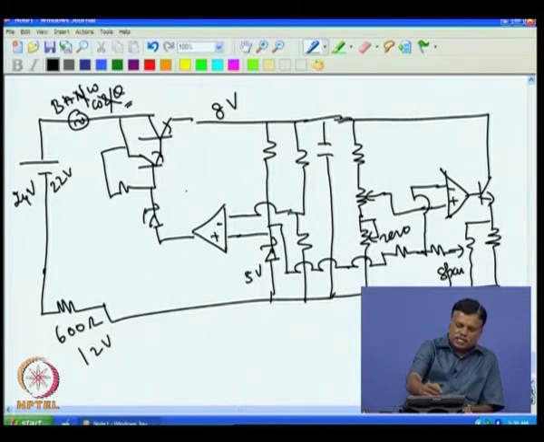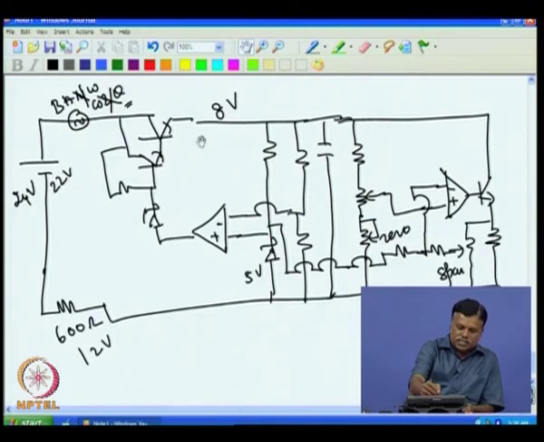But nevertheless, the voltage change at this point will not change the output voltage, because the frequency response of this operational amplifier is much higher than 50 hertz. As long as the noise frequency is much lower than the frequency response of this operational amplifier, whatever change is coming here, if this increases, then this voltage will increase and this will increase, automatically this voltage will decrease.